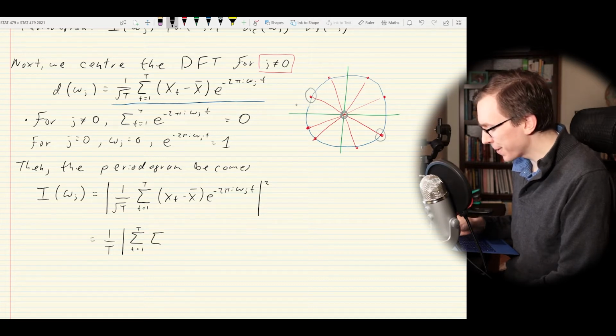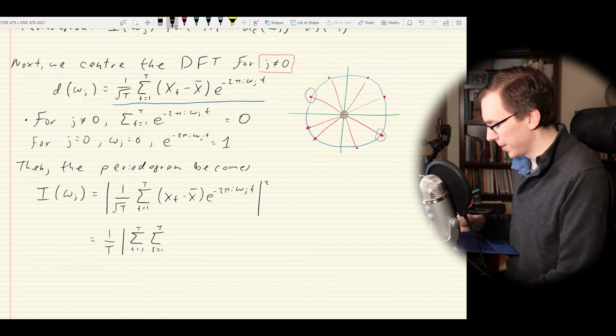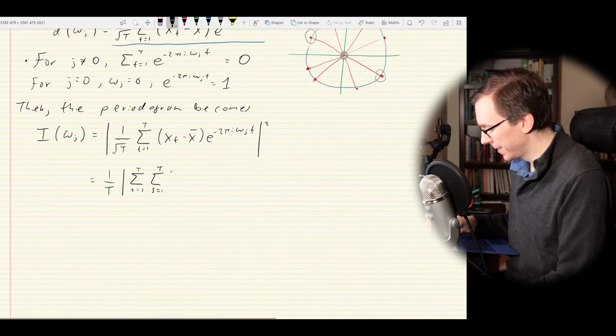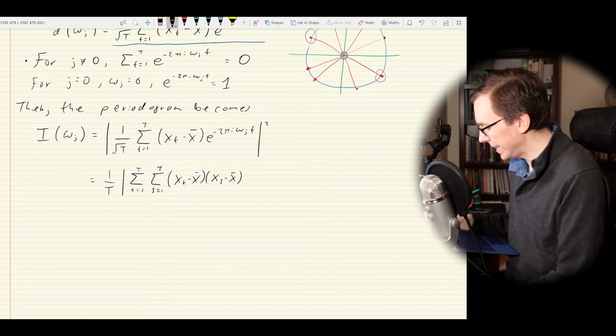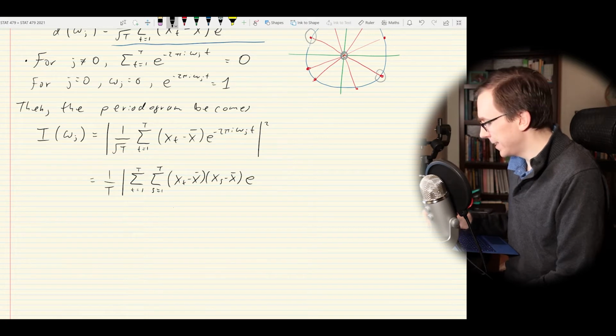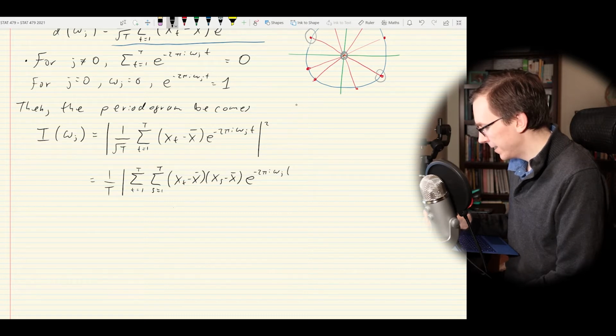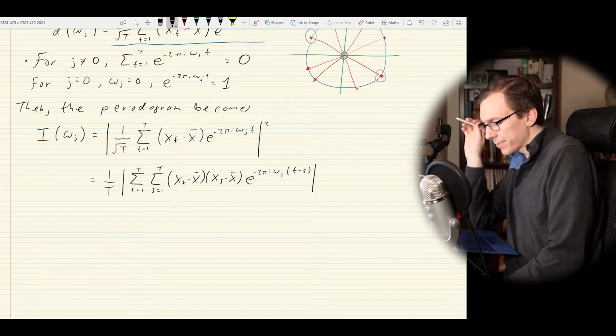Here I'm going to take little t from 1 to capital T and little s from 1 to capital T. And we're going to multiply two things together here, which is going to be x_t minus x bar, x_s minus x bar, and then we're going to have e to the minus 2 pi i omega j (t minus s) all in here.